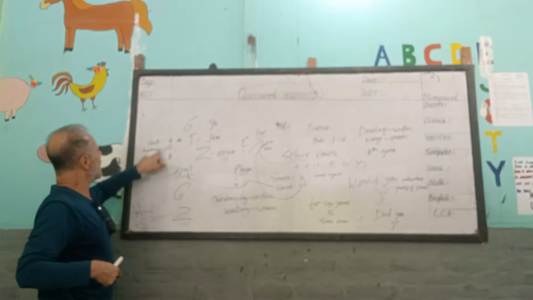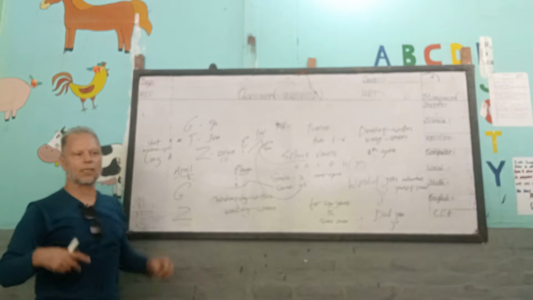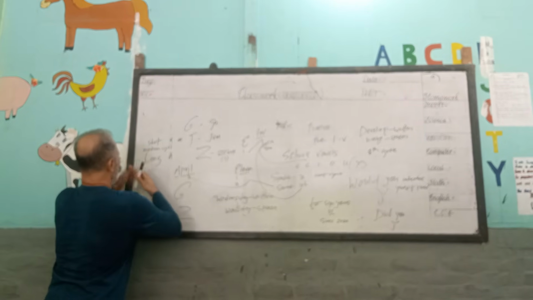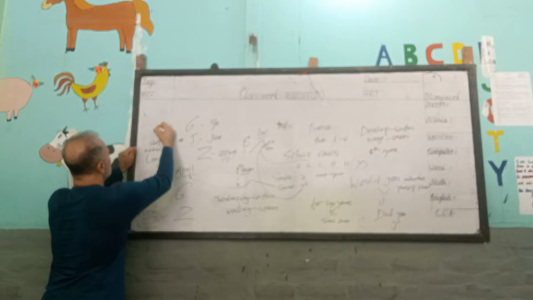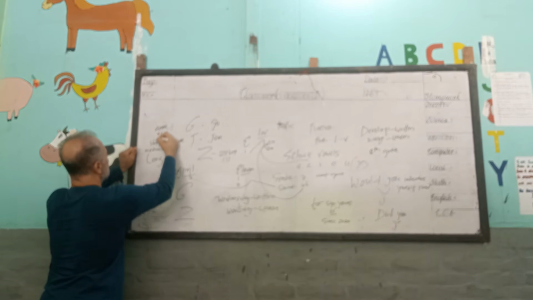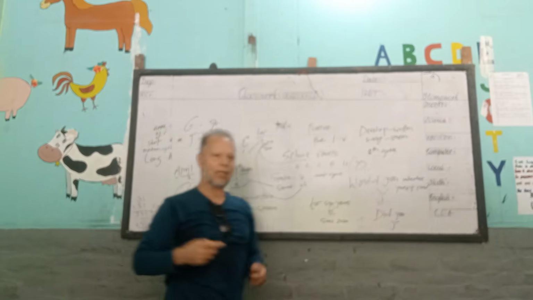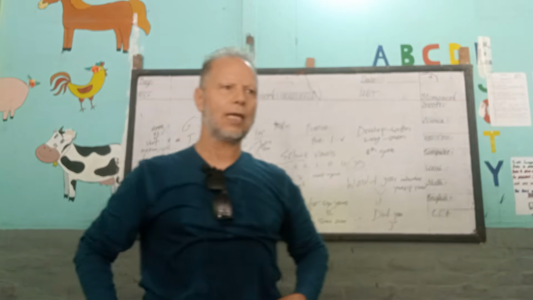So short A is called A. Like apple, as, at. They pronounce it "ople," "is."